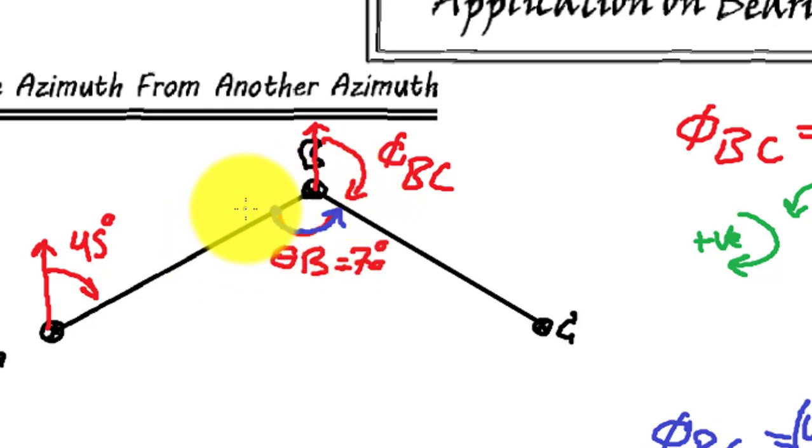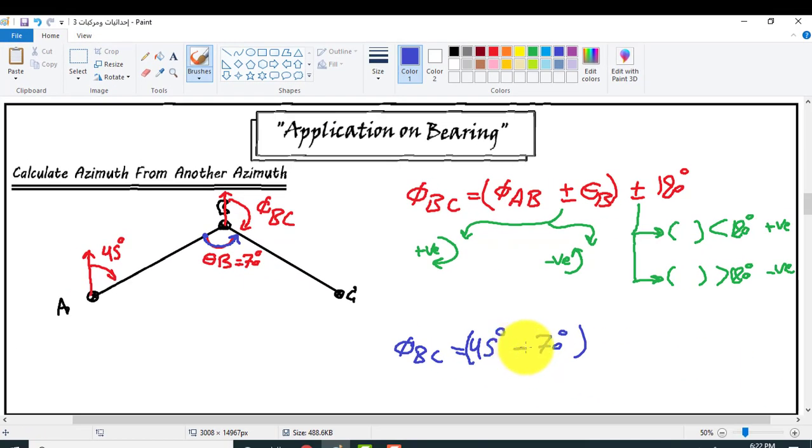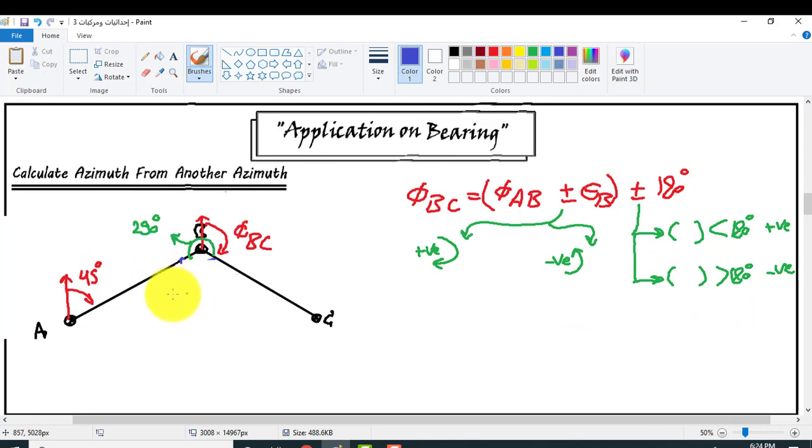From the known bearing to the unknown bearing, measured anti-clockwise, so it will be negative. The value between brackets will be negative 25, so we will add 180 degrees, and finally phi BC equals 155 degrees.